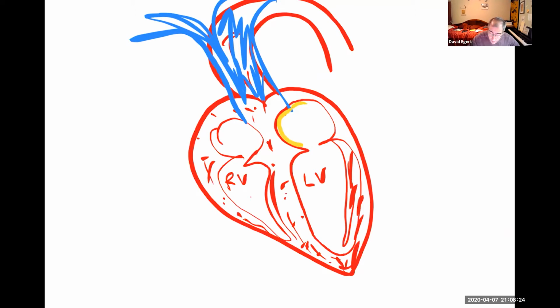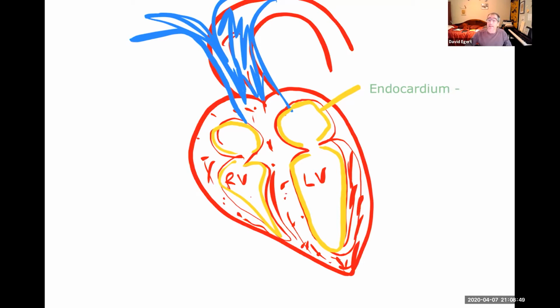The inner part of the heart, the lining of the ventricles and the atria, gets the name endocardium. It's the same stuff that lines all of your blood vessels.